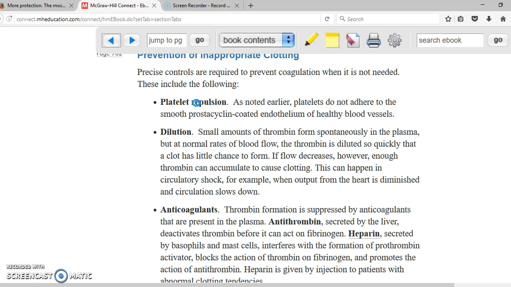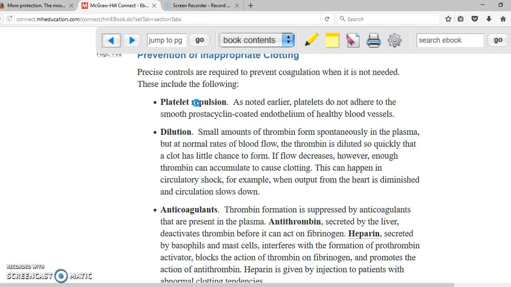So that means you can create a platelet plug and initiate hemostasis. However, how do you avoid that?